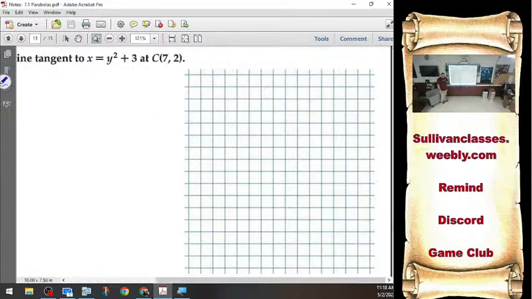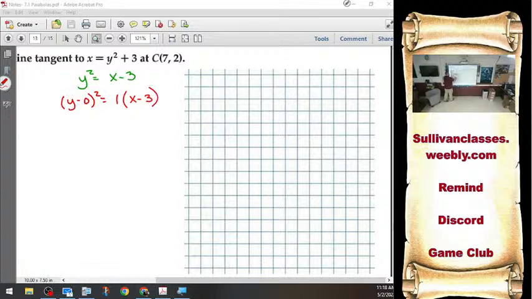So, stage 1, if it's not already in our standard form, make it in standard form. y squared is x minus 3. If you need to write that in a different way so you can tell what's going on, then by all means, do so. Purple is actual standard form.